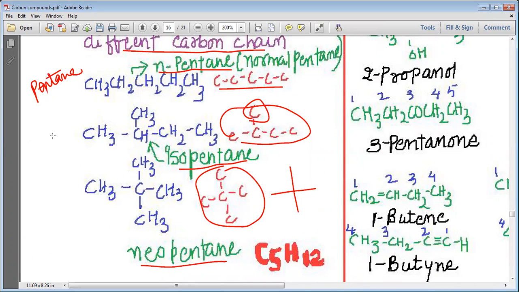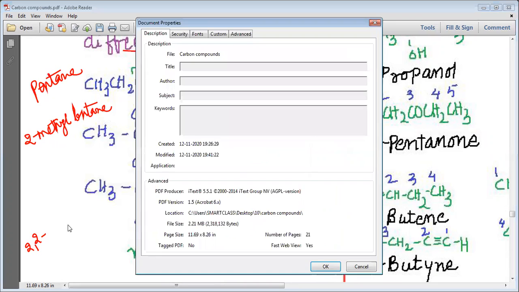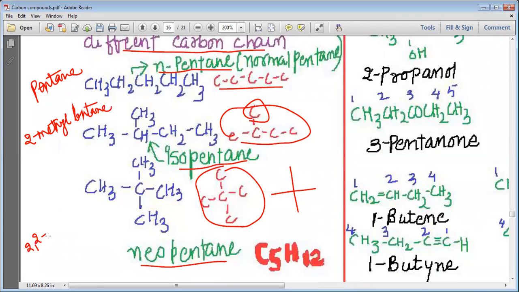We will write 2-methylbutane for isopentane, and for neopentane we should write 2,2-dimethylpropane. So this is how, my dear students, we can write for neopentane.